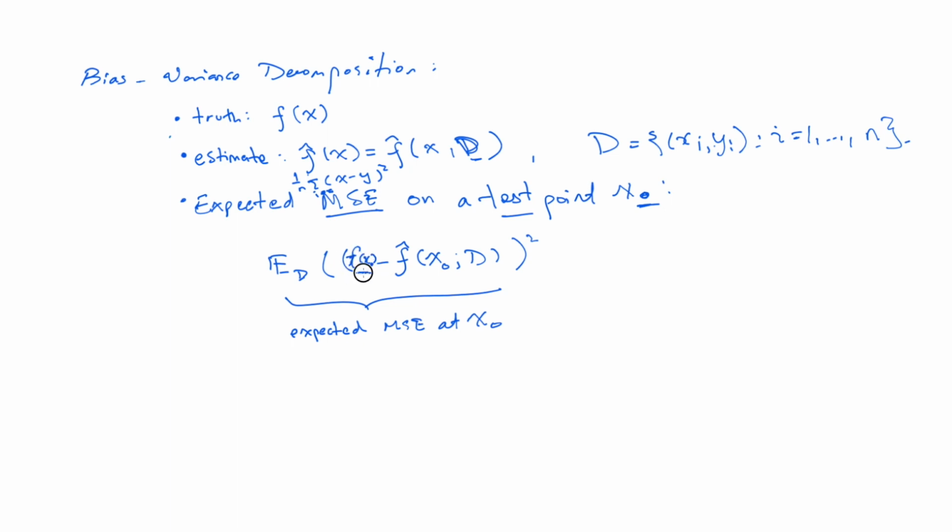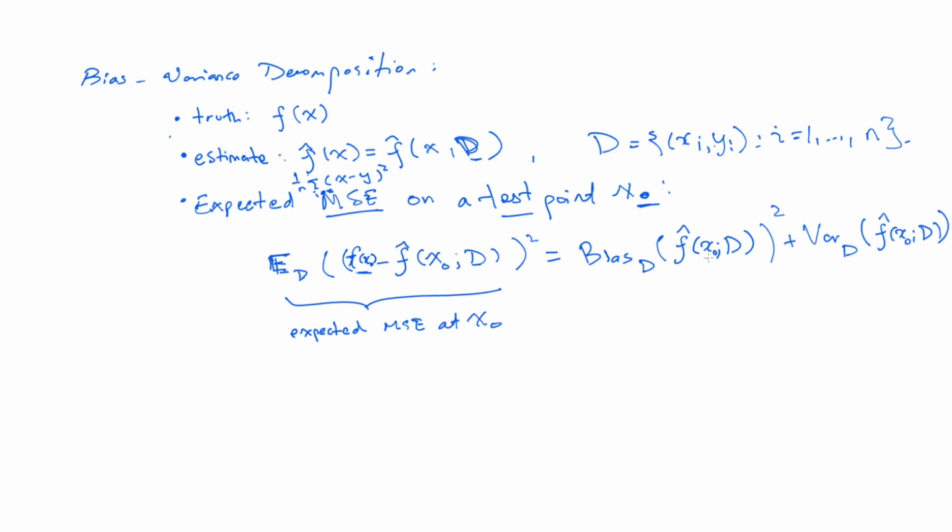So this is the truth. f of x0 is the truth at x0, for the true function. f hat of x0 is my estimate, and it's built on dataset D. And so I'm looking at the expectation of the squared difference of those two. That's the squared error, okay? And it turns out that we have this decomposition: the bias of the estimator squared plus the variance of the estimator.